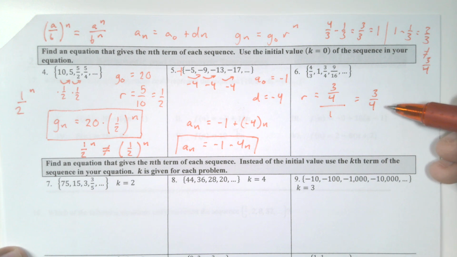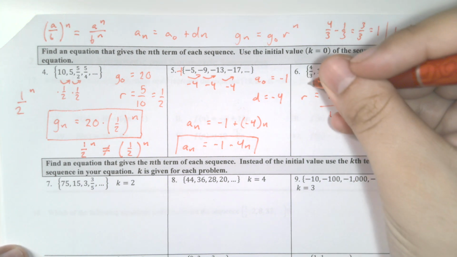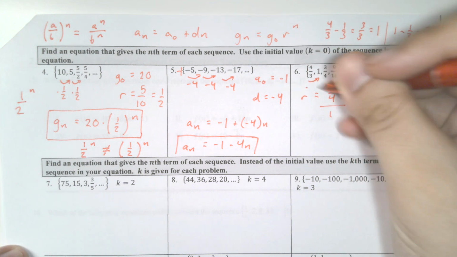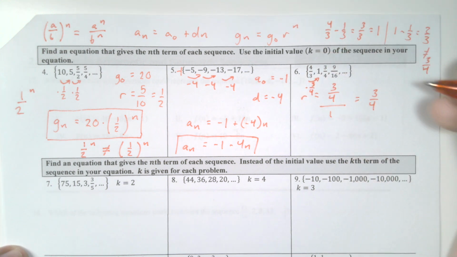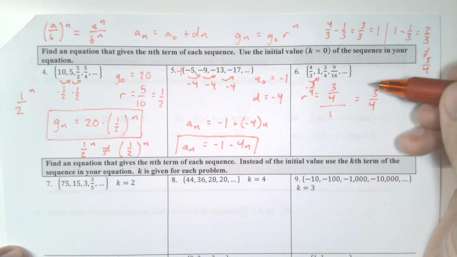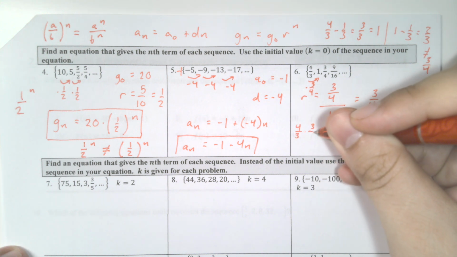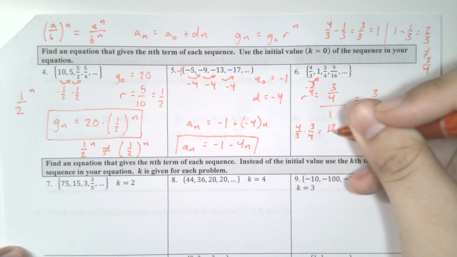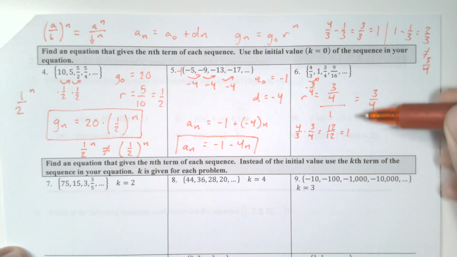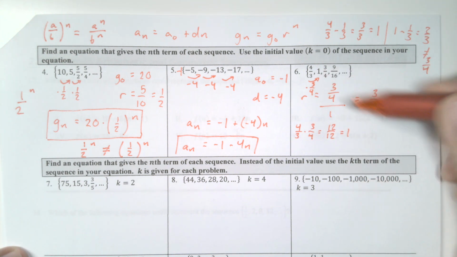Now, if you're skeptical that that is our ratio for a geometric sequence, surely if we're really multiplying by allegedly 3/4 every time, then this should work every single time that we multiply. Well, 4/3 times 3/4 is 12/12, which is 1. So 4/3 times 3/4 is indeed 1.